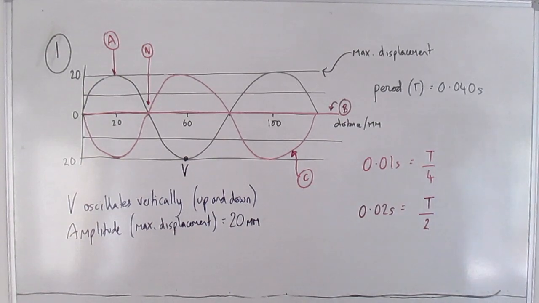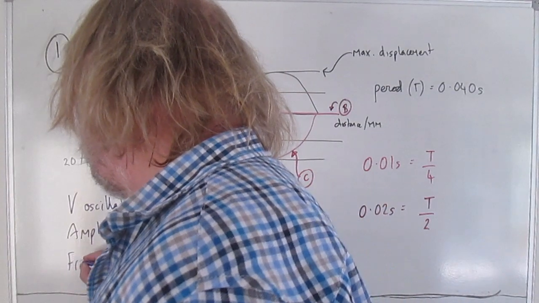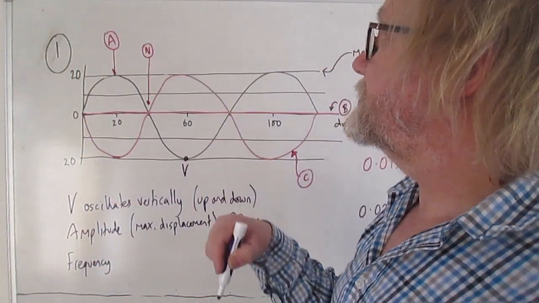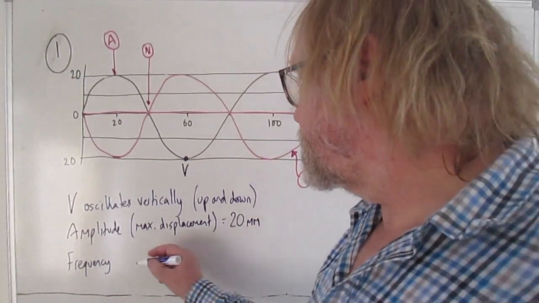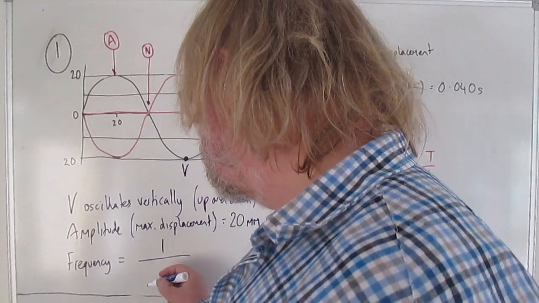And then it wants the frequency. So frequency is how many of these cycles it will complete in a second, and that's just given by 1 over the time period in seconds.